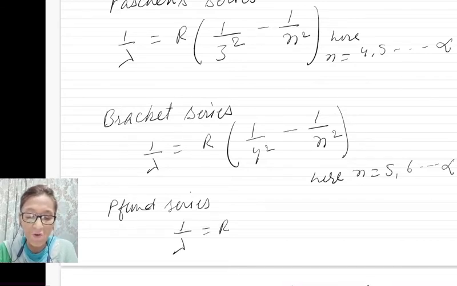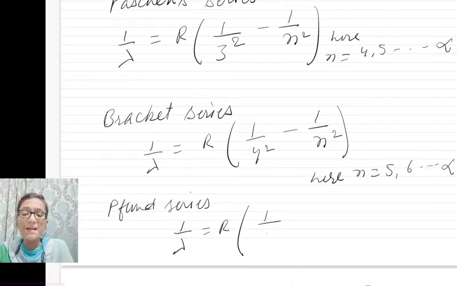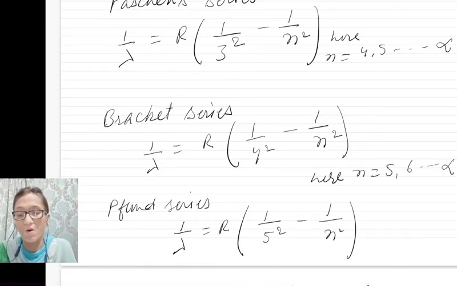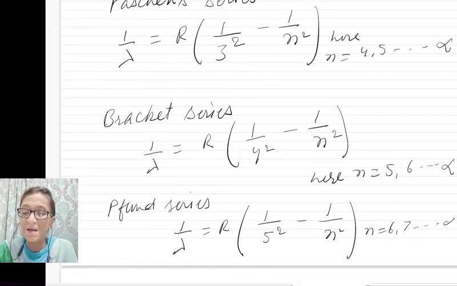In this, when you replace this 4 by 5, you get Pfund series: 1 by 5 square minus 1 upon n square, and here n starts from 6, 7, and it may be any number up to infinity.